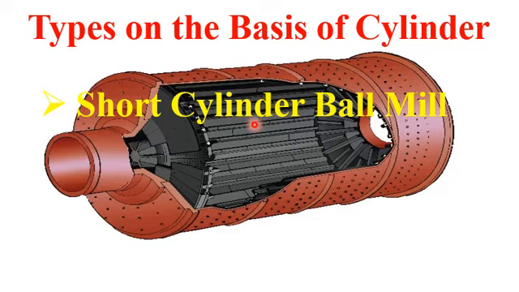Okay, so dear student, in simple words, the length of the short cylindrical ball mill is less than twice the diameter of the ball mill apparatus. So this type of ball mill apparatus is known as short cylindrical ball mill apparatus.